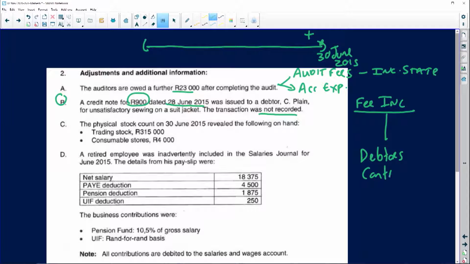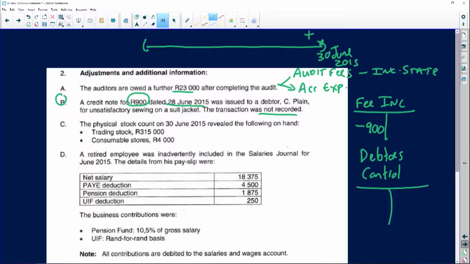Okay, so fee income and debtors control. Right, let's start off with fee income. By giving him a reduction of 900 Rand, your fee income is now going to decrease by 900 Rand.